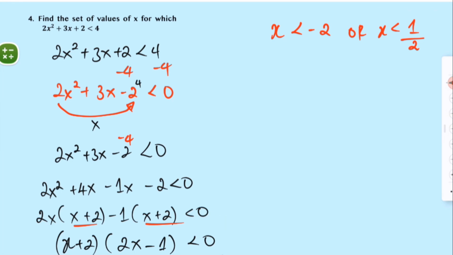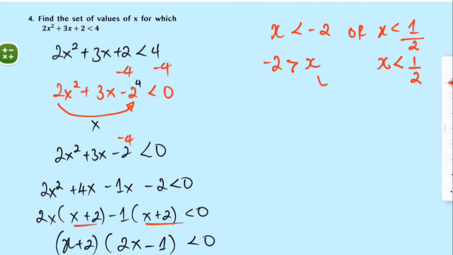So in this case we can rewrite the inequality. We always have to start with the smaller one, so -2 has to go first. If x is less than -2, that means -2 is greater than x, and then we have x less than 1/2. Okay, perfect.